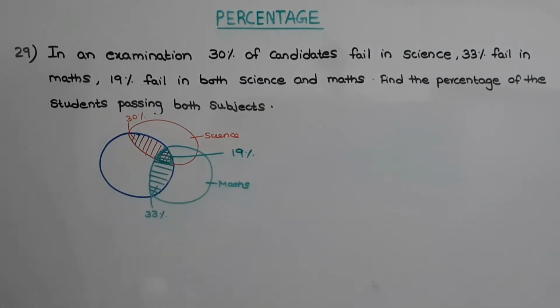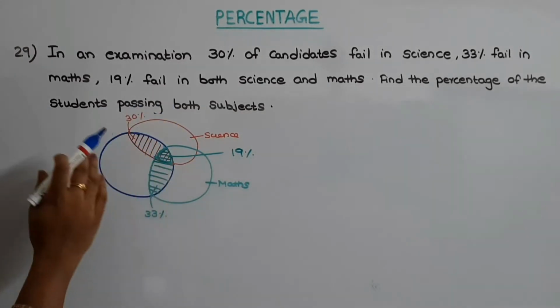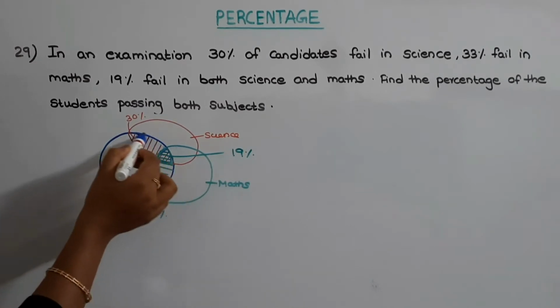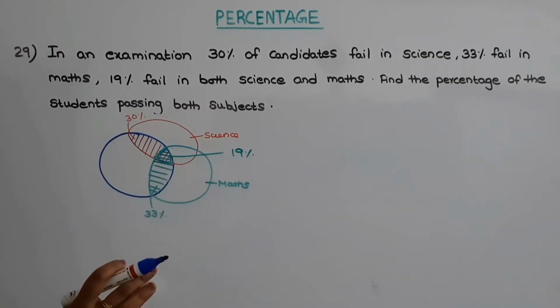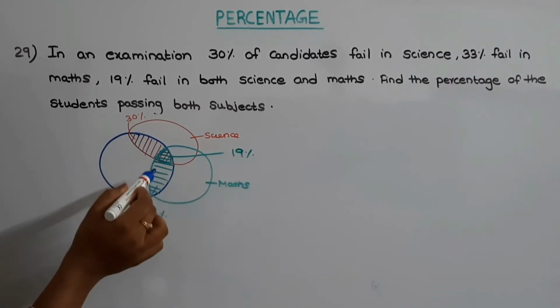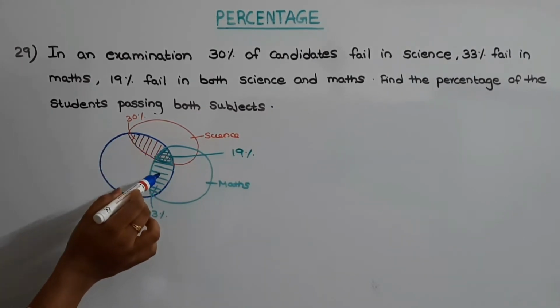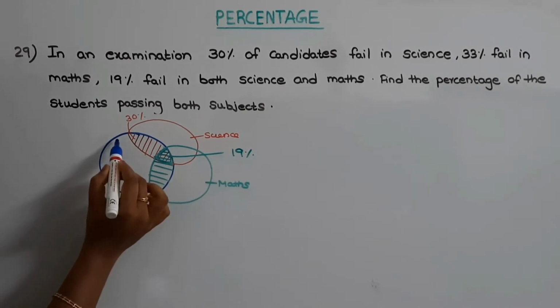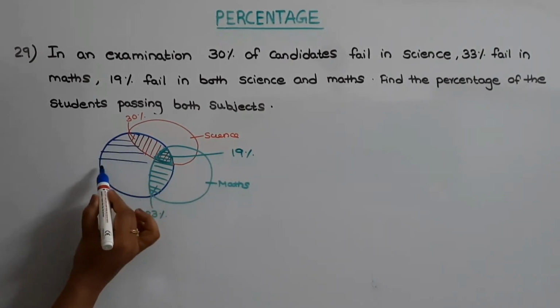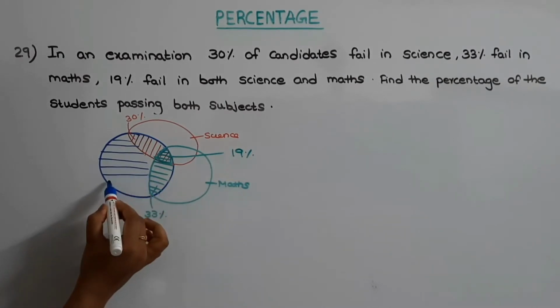19%. We need to find the percentage of the students who passed both the subjects. If this entire circle is the total number of students who appeared the exam and this shaded portion is the part of the students who failed in science or maths, then the remaining part is the students who passed both the subjects.